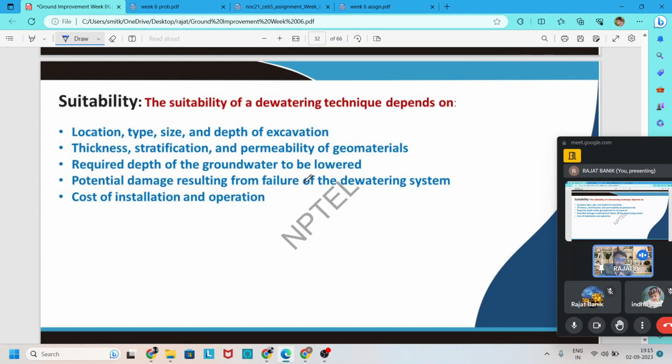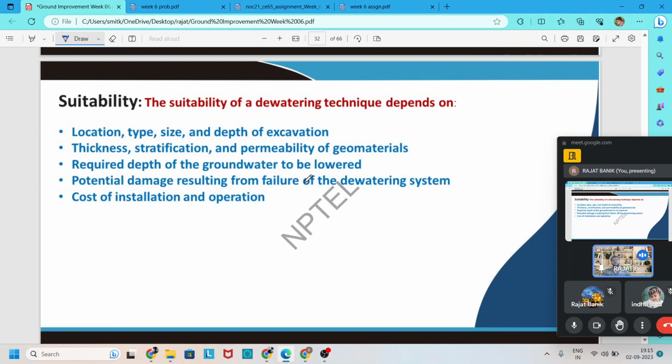It also depends on the thickness, stratification, or permeability of the geology. That means how much thickness of soil is present below the ground surface, and whether this soil is permeable or not.